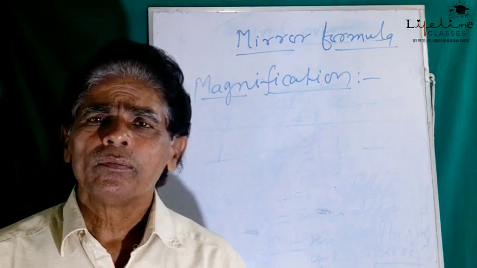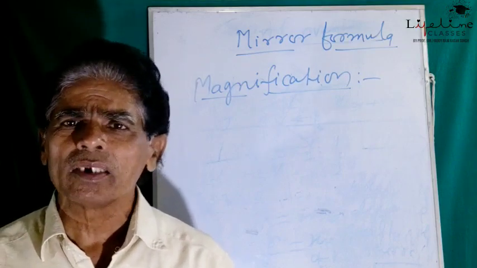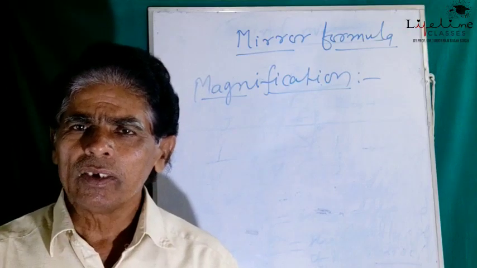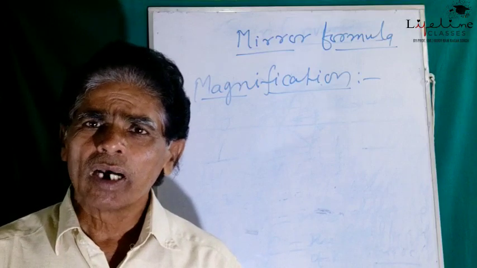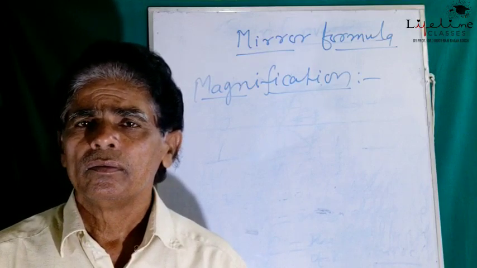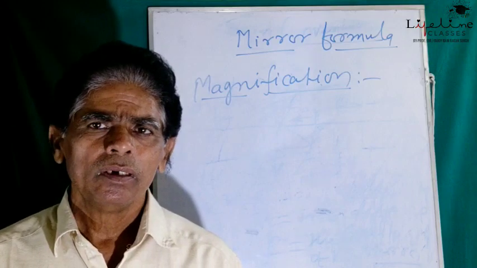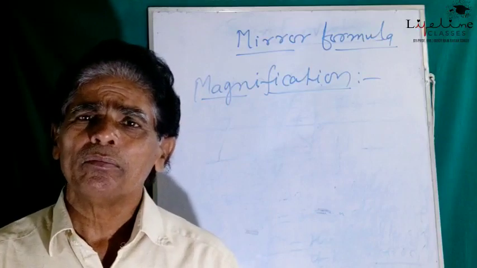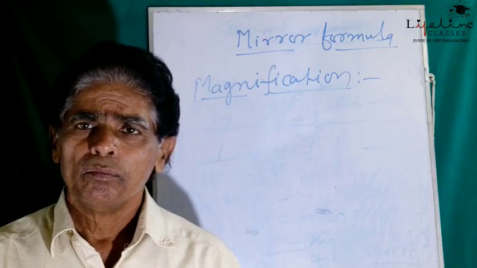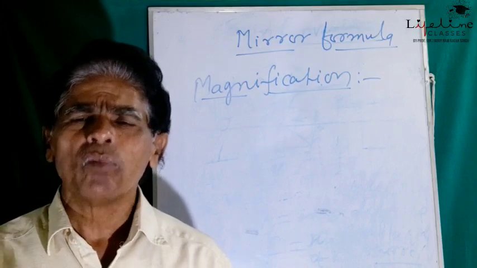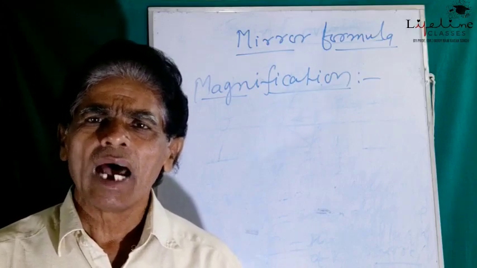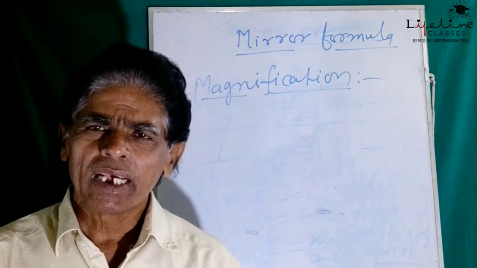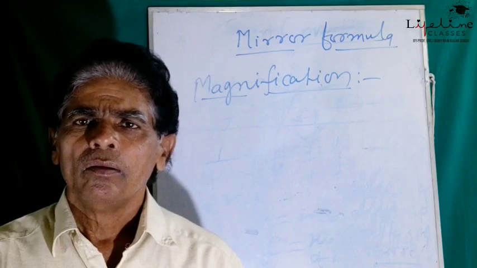In another situation, the image may be smaller or larger than the object. So if the size of the image is smaller than the size of the object, what will be the magnification? It will always be less than 1. And if the image is magnified, means larger than the size of the object, the magnification must be more than 1.